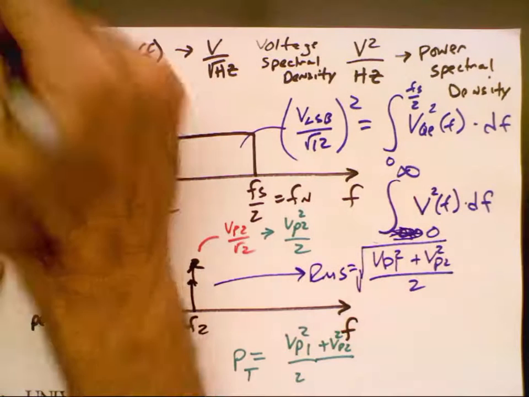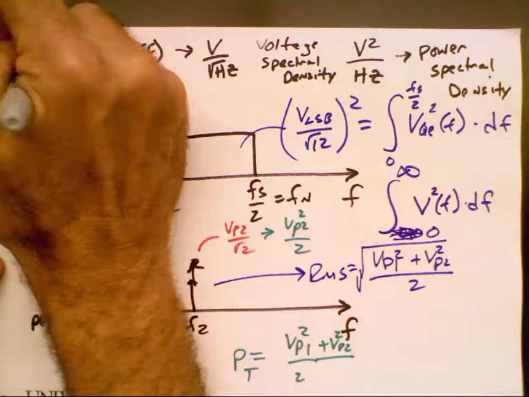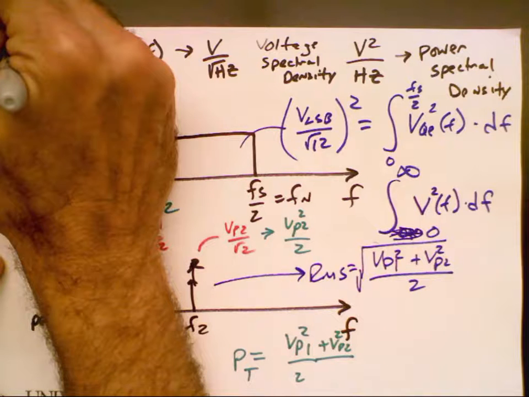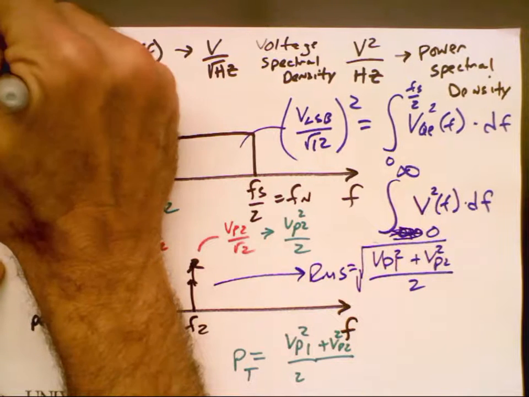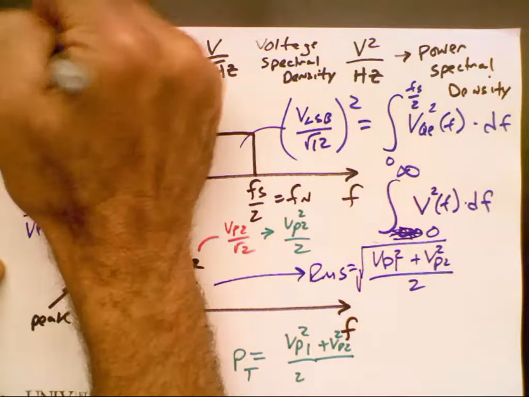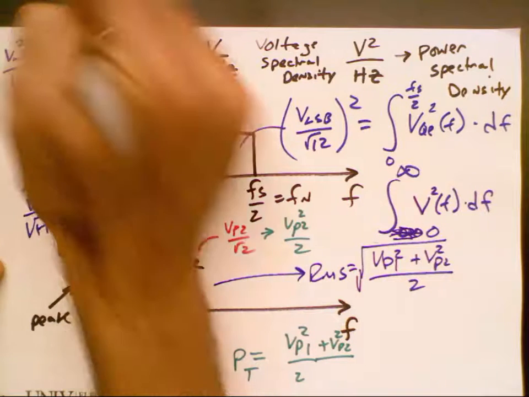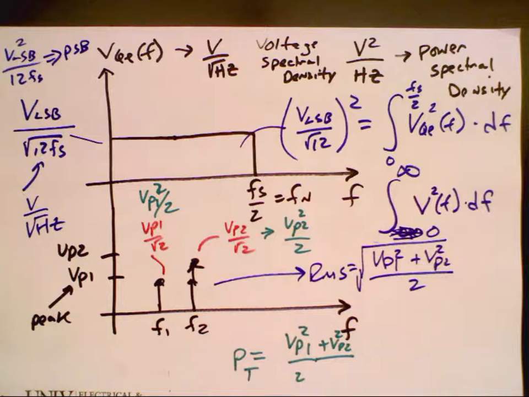And then the power spectral density is VLSB all over 12 Fs. Okay, does everybody understand what we just did? So if I ask, what does the power spectral density of the quantization noise look like?